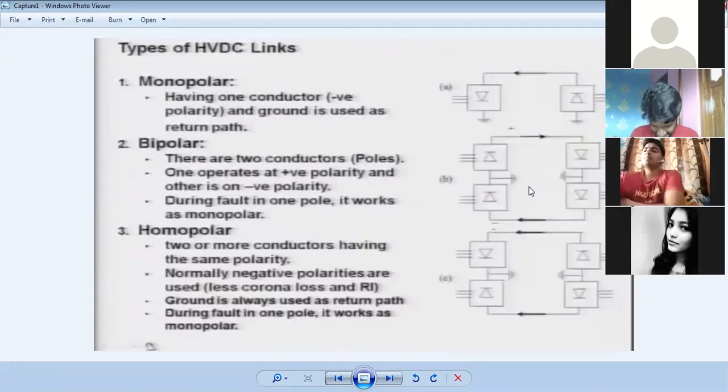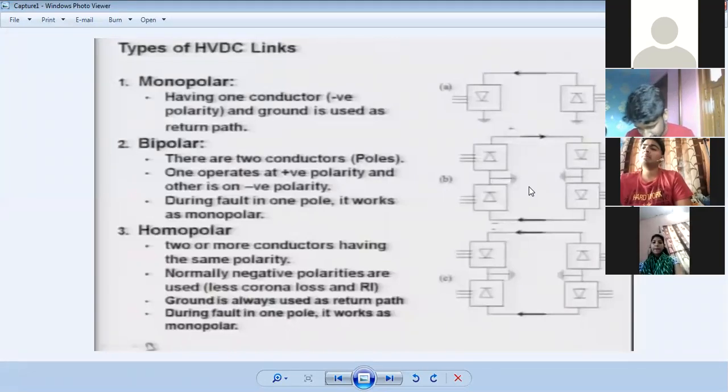Our power is 1000 megawatt, and we have 1 kiloampere current, and VDC will be 1000 divided by 2, so that will be 500 kV. Okay, this way we find out how much voltage level we require for DC transmission.